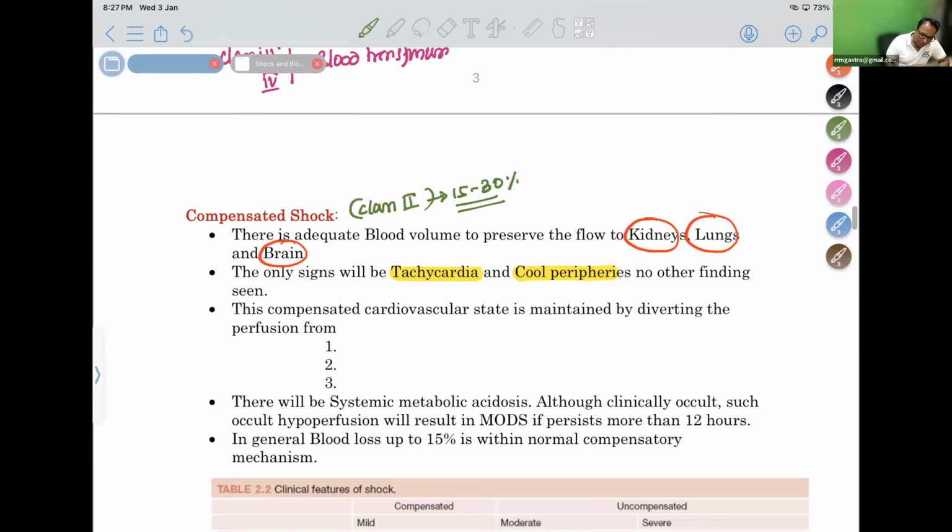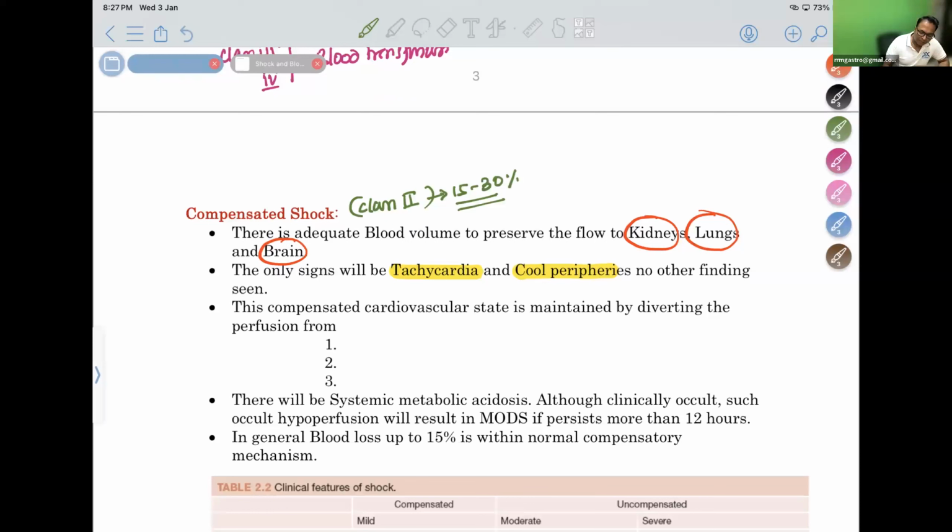This compensated cardiovascular state is maintained by diverting the perfusion from three unimportant organs to three important organs. The three important organs are kidney, lungs, and brain. The three unimportant organs are GIT, skin, muscles. The blood flow from these organs will be diverted to kidney, lung, and brain.